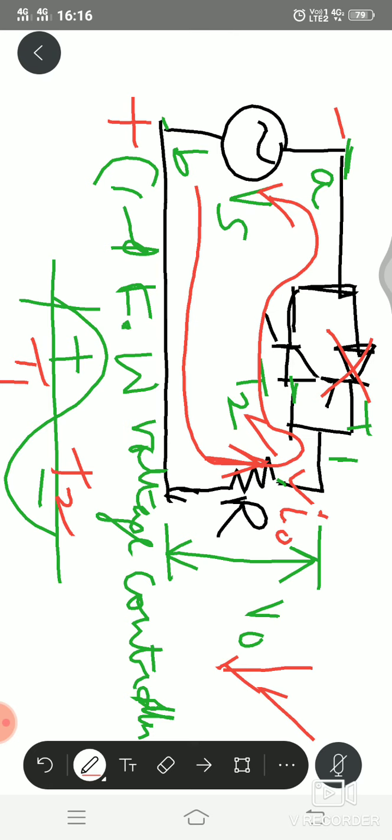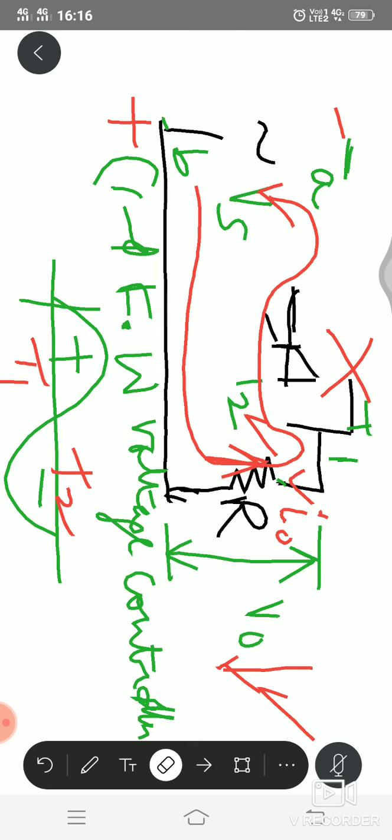Now let us discuss the waveform for this one phase full wave voltage controller, and how to control the phase.